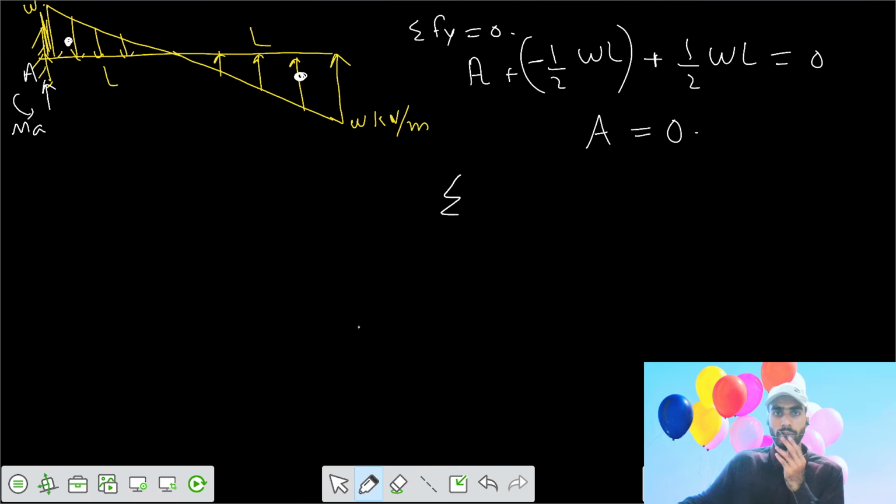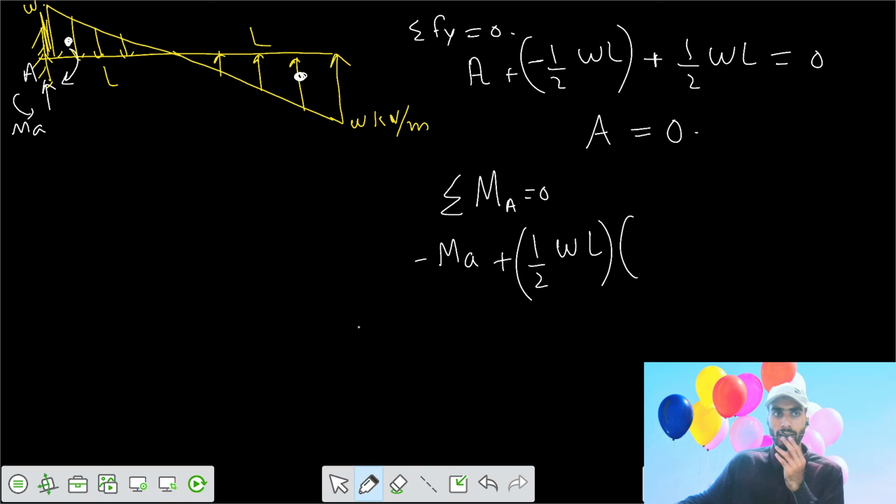Now if you say summation of moments at A equals 0, let's write that moment A we assume as minus MA anti-clockwise, and the effect of this triangle is clockwise, plus half of the loading intensity W into length L. It becomes your load.